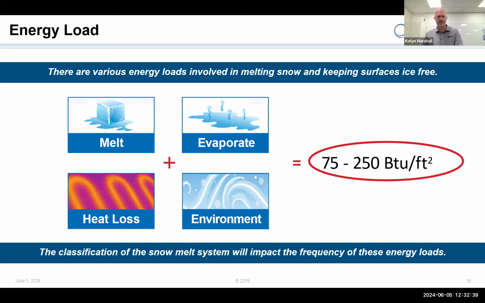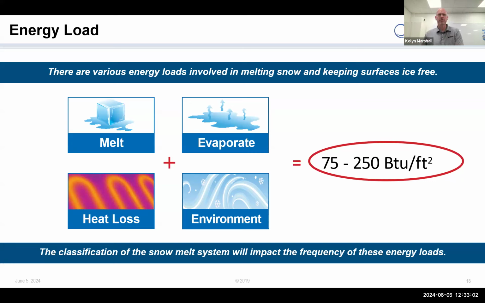In a heating system, I'm trying to retain the heat in an enclosed space, i.e. my building. And so the mechanics of energy transfer from the floor into the space and then from the space out into Mother Nature is different than the snowmelt system. A snowmelt system is always venting to the Mother Earth and out into space.